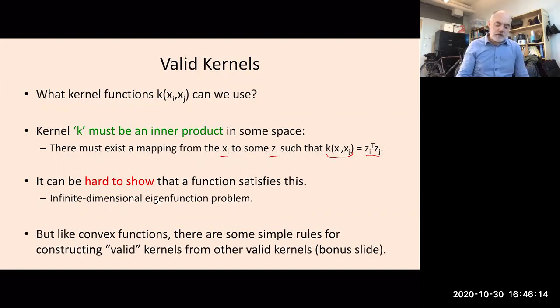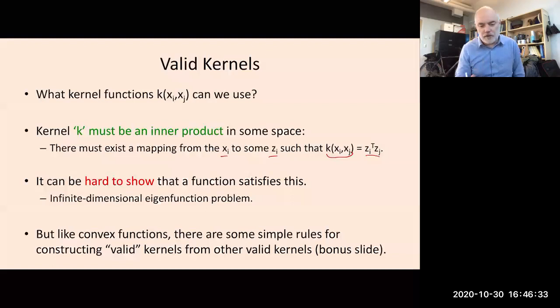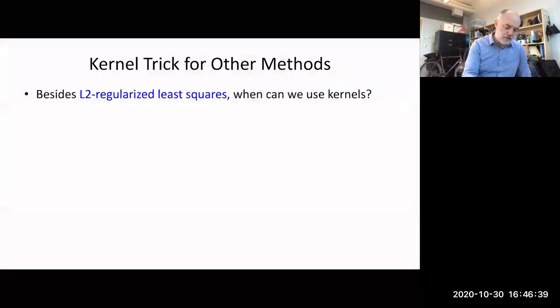It can be very hard to show that a function satisfies this. It's a very complex problem. But for continuous functions, there are constructive definitions of how to build kernel functions through kernel function compositions. And David Duvenaud at the University of Toronto has my favorite kernel composition workbook. It's in fact called the Kernel Cookbook, which is part of his thesis from the University of Cambridge.